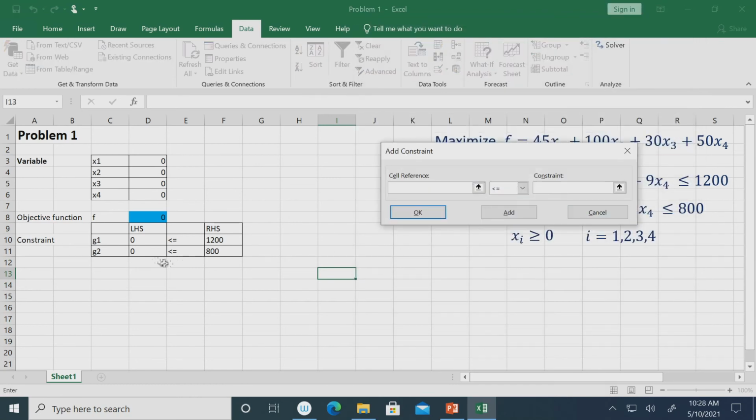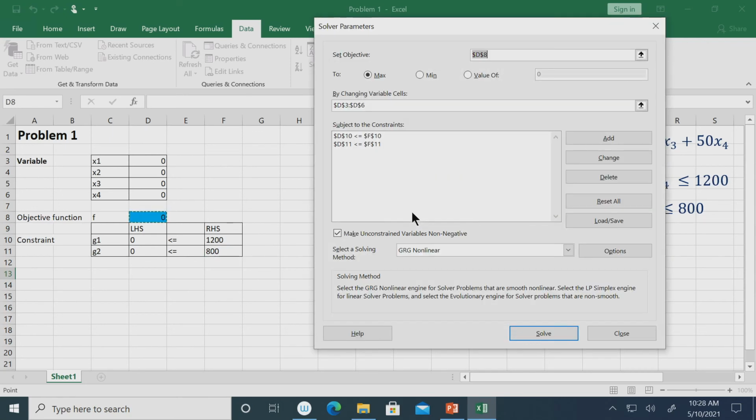The first constraint is this: the left hand side of the first constraint, then less than or equal to, and this is the right hand side of the constraint. So, now I am adding it. Okay. The second one is this: the left hand side of the constraint, the less than equality type, and the right hand side is 800. Okay. So, I am defining this constraint.